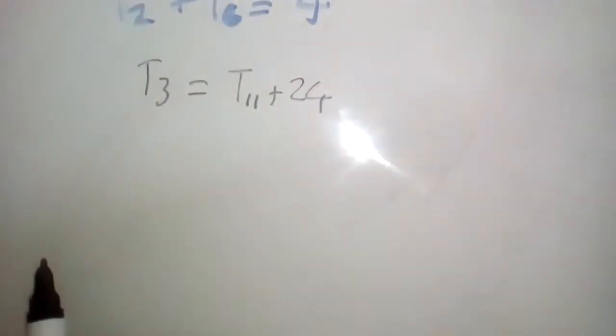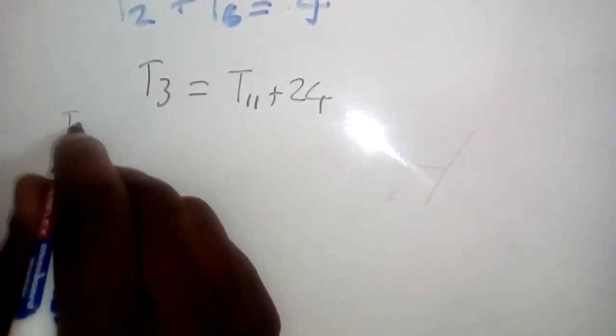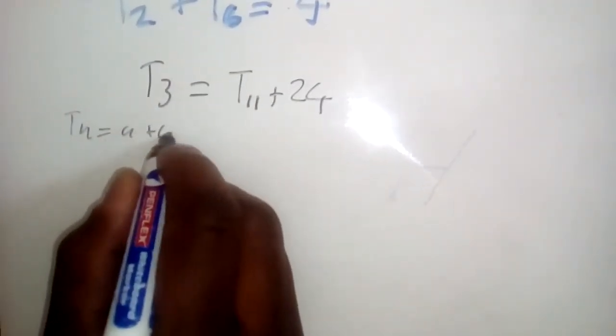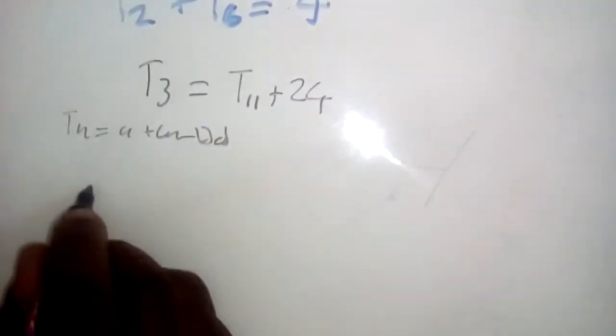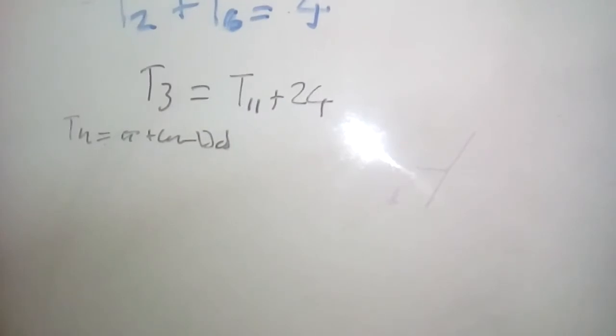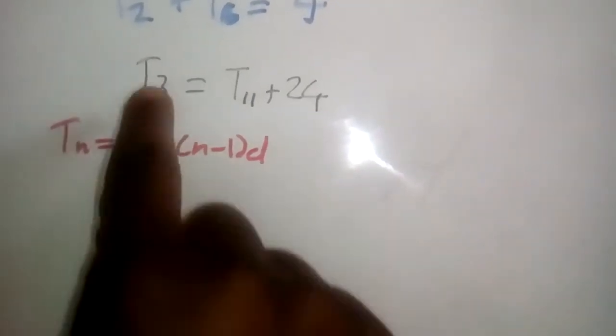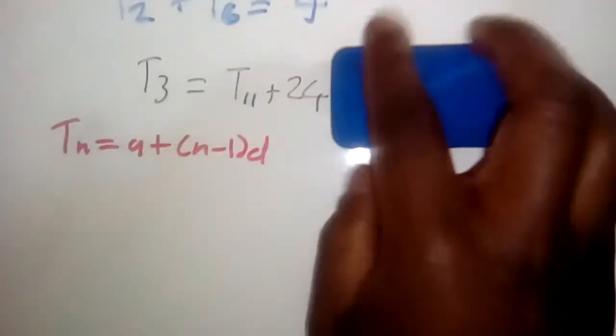So using this information, remember Tn is equal to a plus (n minus 1)d. Let me write down this information.